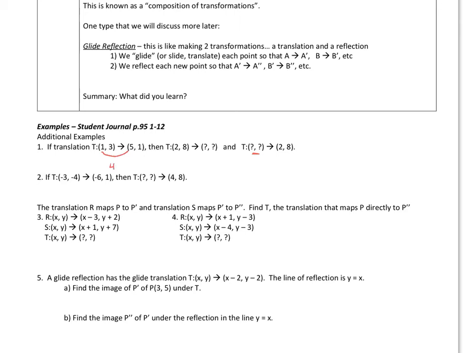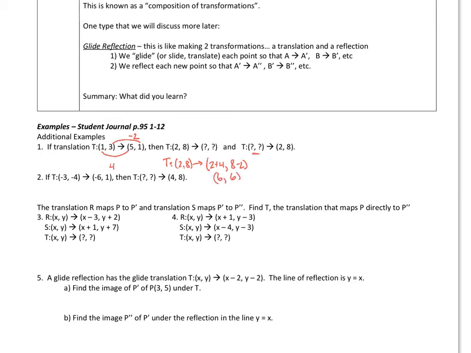That was my vector along the x. And I went from 3 to 1, that was negative 2 along the y. So I went backwards 2. So (2, 8) would map to (2 plus 4, 8 minus 2), so this would map to (6, 6).